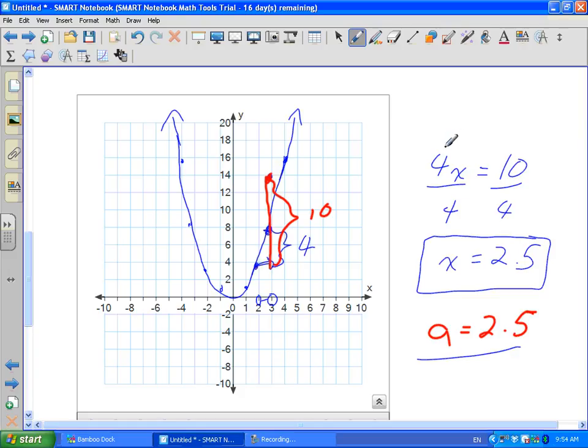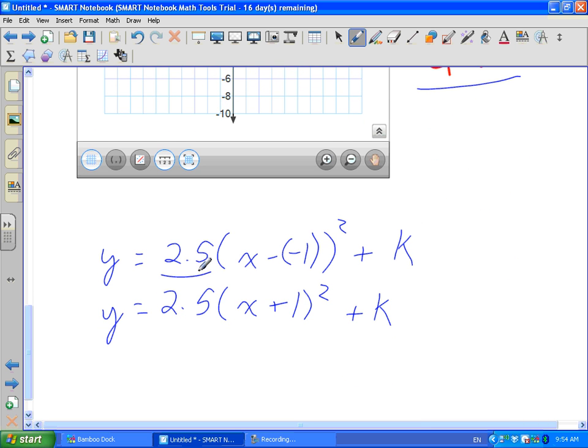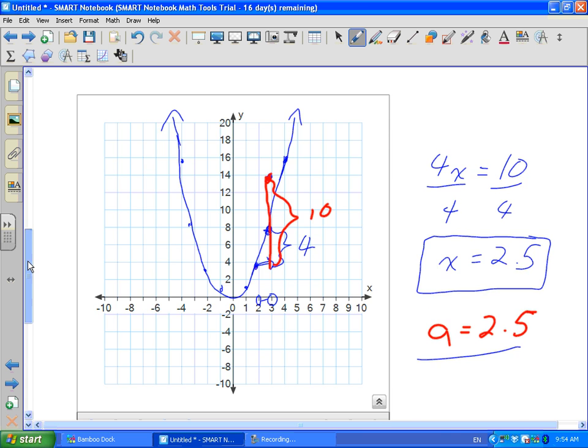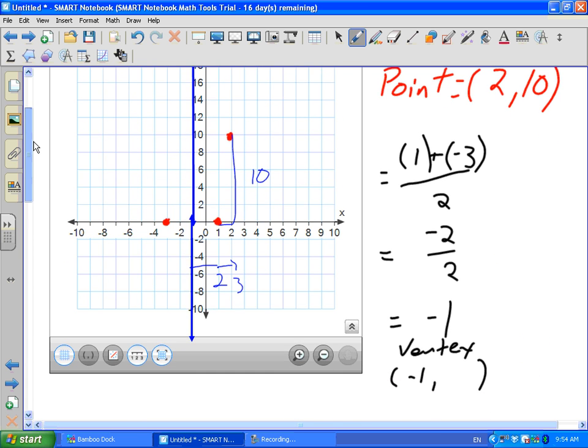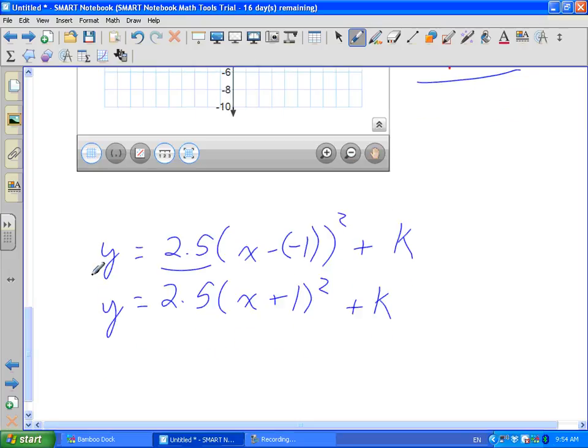To go from 4 to 10, I would have to multiply by 2.5. So my factor is 2.5, or my a in vertex form. We also discovered the axis of symmetry to be -1. So I knew that when I write in vertex form, our h would become +1.